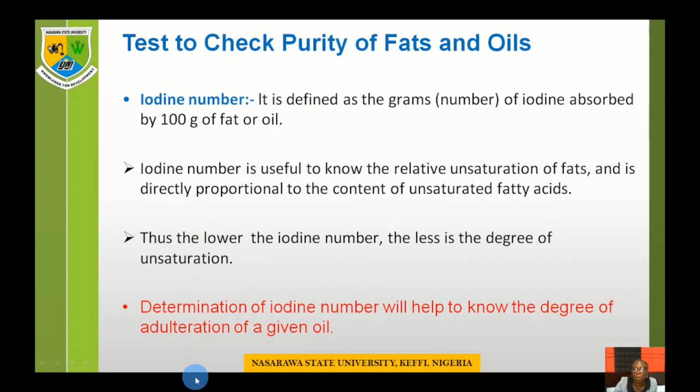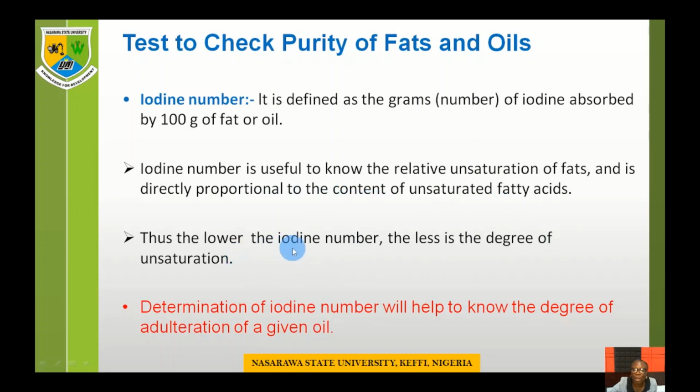Then iodine number. Iodine number is defined as the grams of iodine that is absorbed by 100 grams of fat or oil, and it is generally used to know the unsaturation of fat. It's useful to know the relative unsaturation of fat, and it is directly proportional to the content of unsaturated fatty acids.